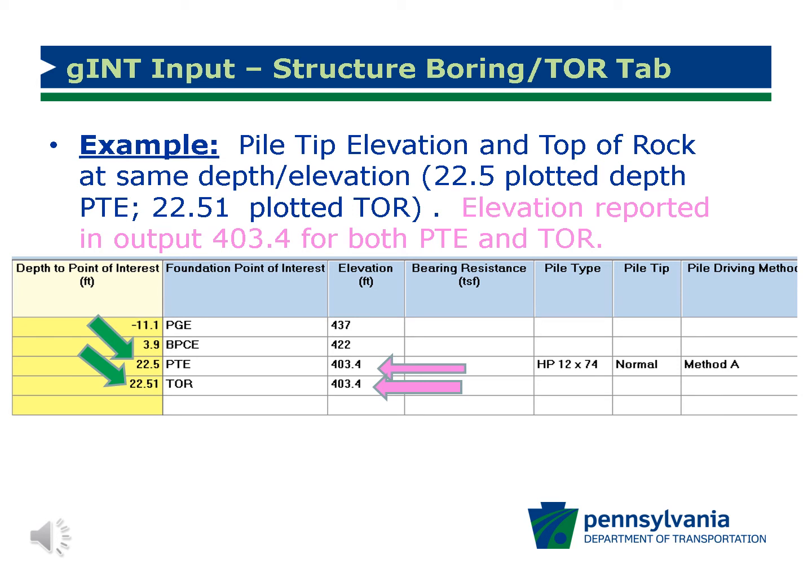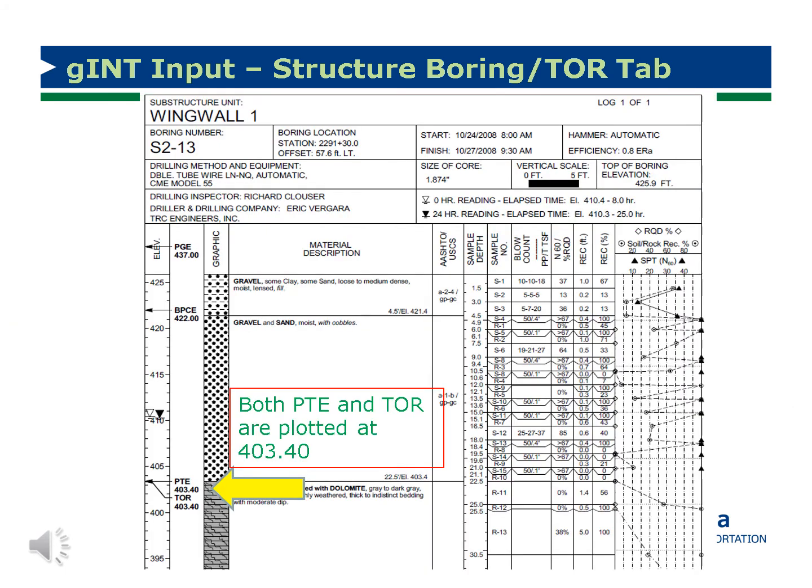When the reports are created and the depth is plotted, there will be no noticeable difference in the depth and the elevation. The elevation, 403.4, can be duplicated. Looking at the structure boring for the example from the previous slide, both the pile tip elevation and the top of rock appear to be plotted at 403.4.